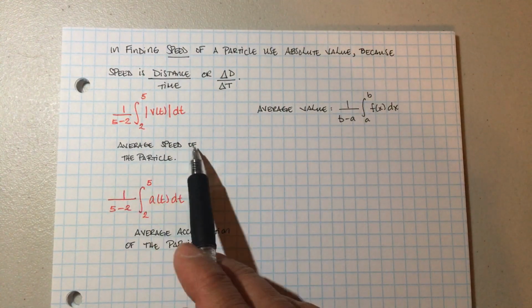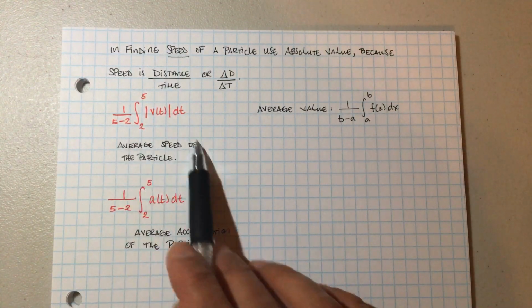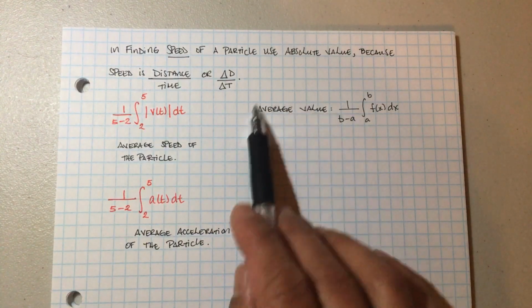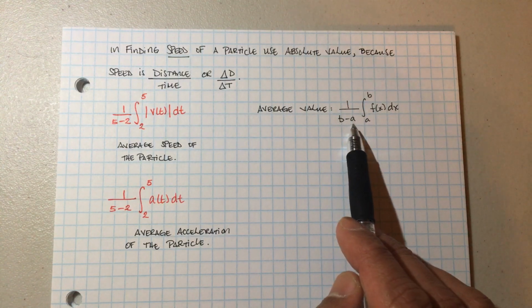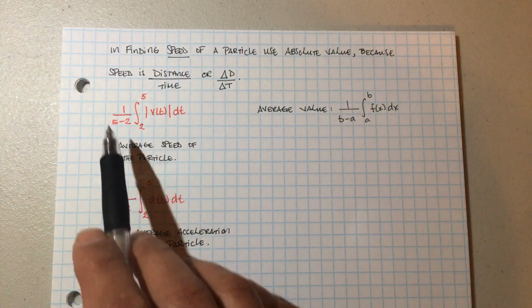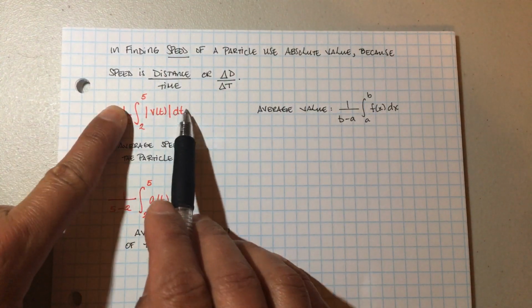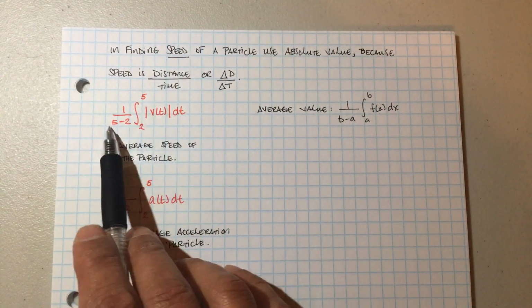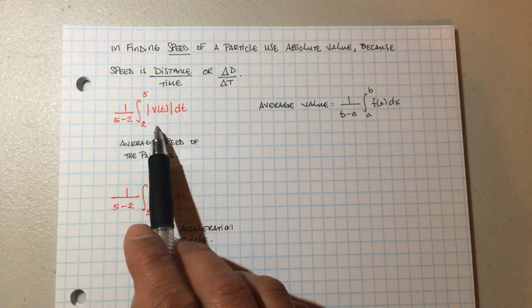So when they ask for average velocity or average speed, it comes from the average value or mean value theorem, 1 over b minus a times the integral from a to b of the function. That makes sense because total distance is given by this guy, divided by time, which is the x values. So distance over time.